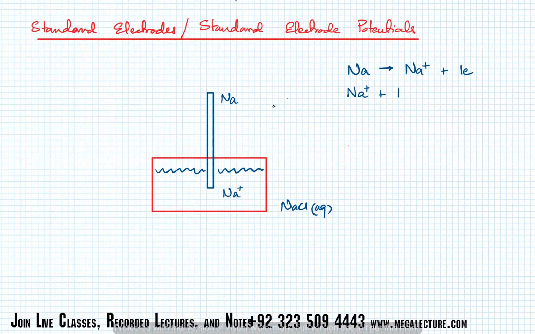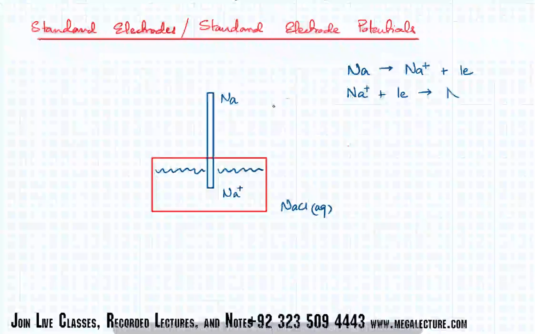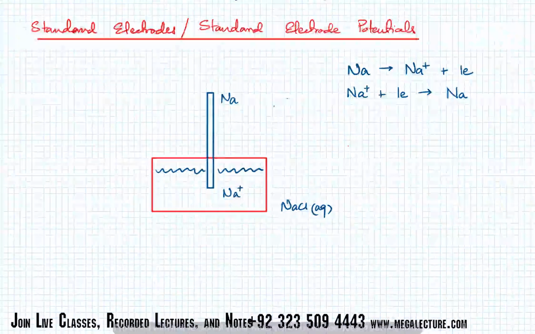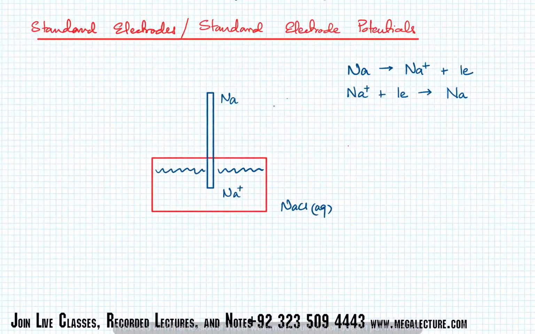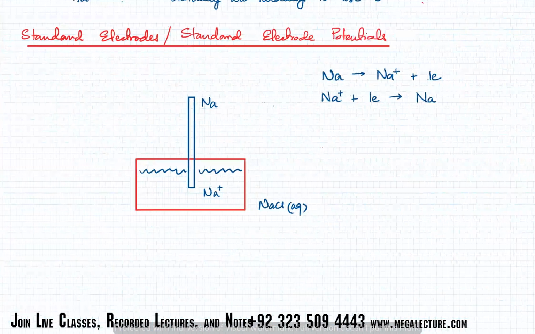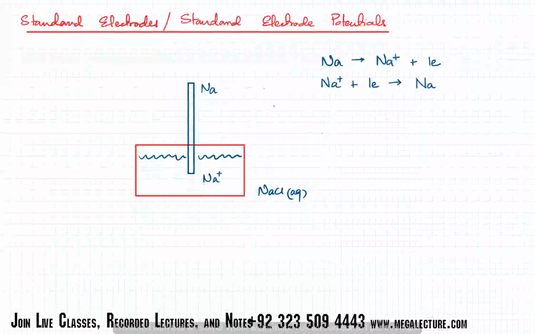Or secondly, the sodium ions would like to gain electrons, and they could turn into sodium. The first one or the second one, which one is more likely to happen?